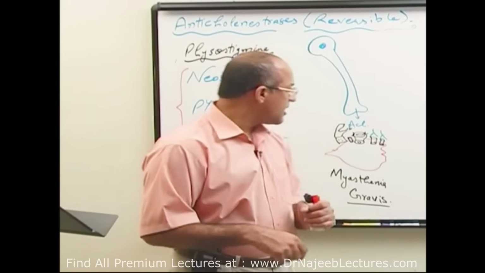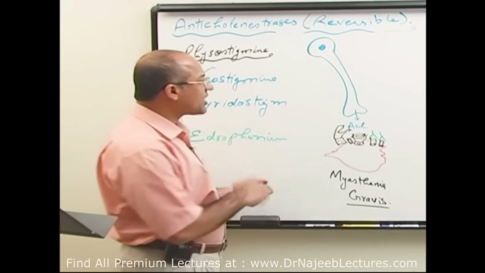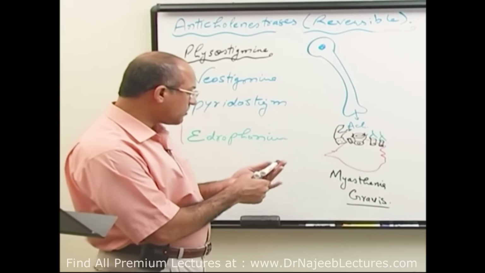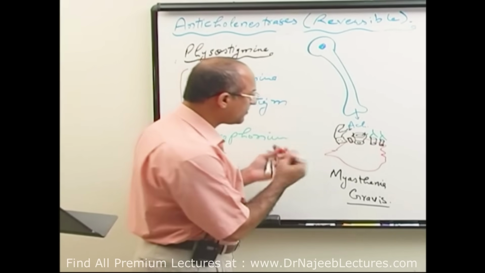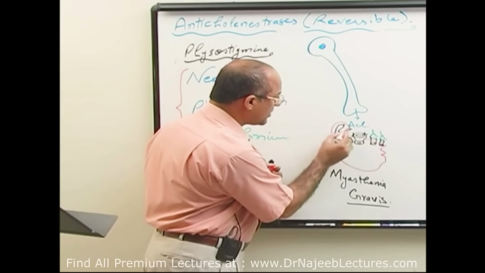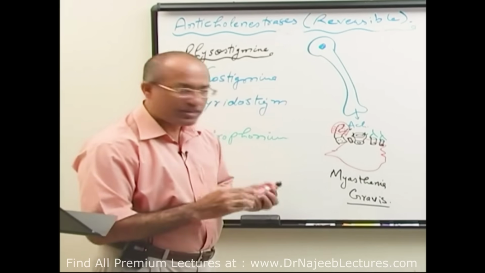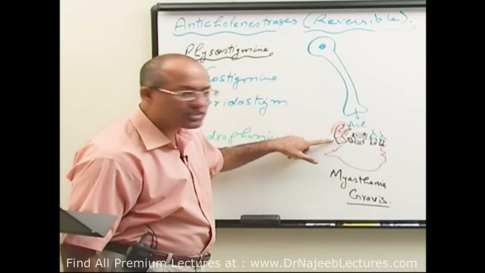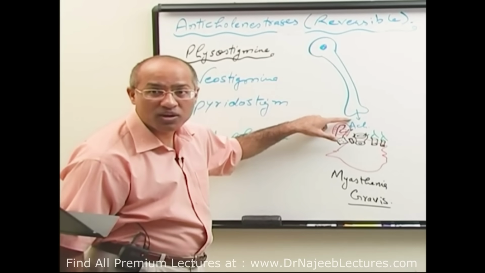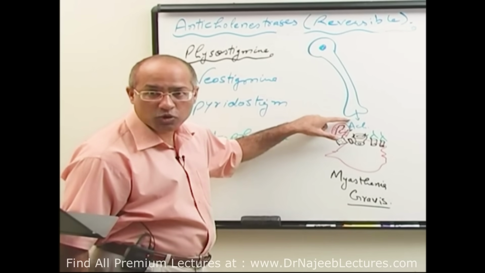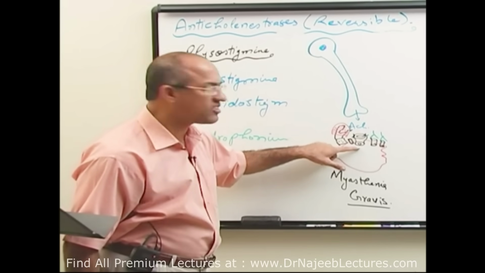Is that right? Now, how do our drugs work? Actually, neostigmine will come and inhibit what is this? Acetylcholinesterase. When neostigmine inhibits the acetylcholinesterases, the concentration of acetylcholine will be more. Then more acetylcholine will be working on fewer receptors.